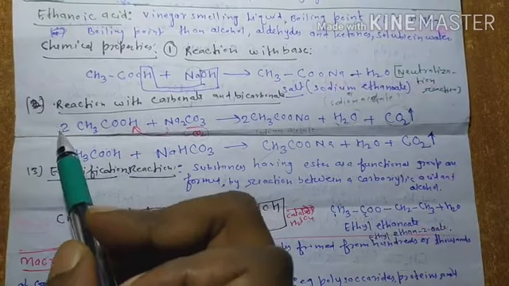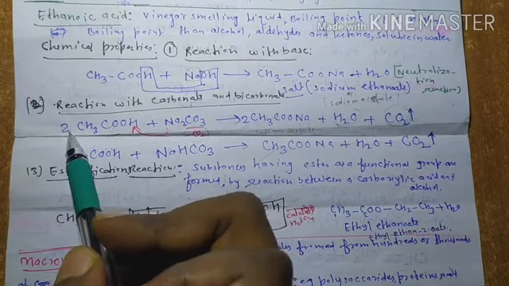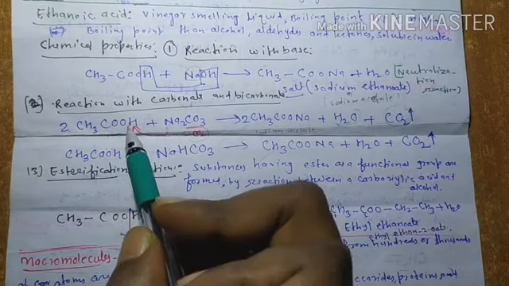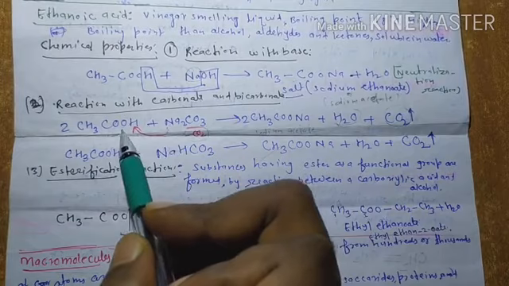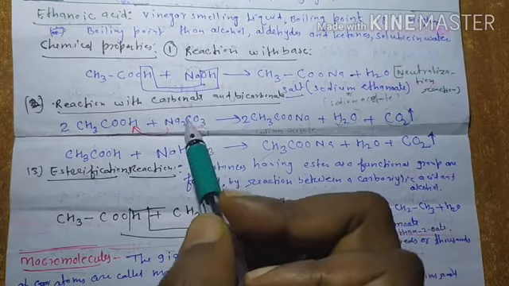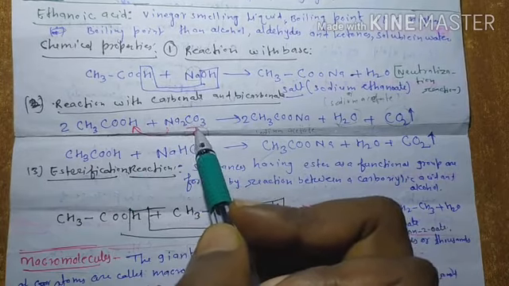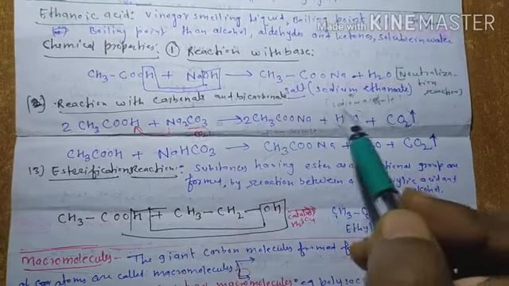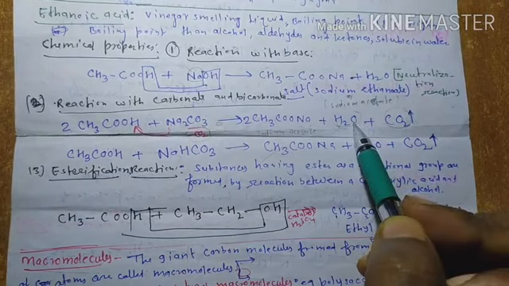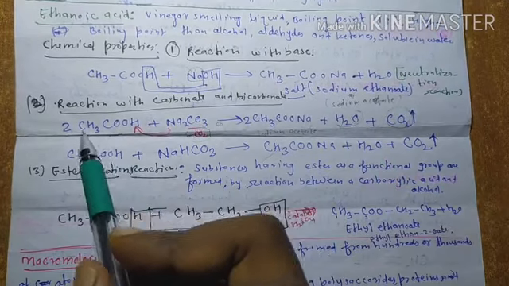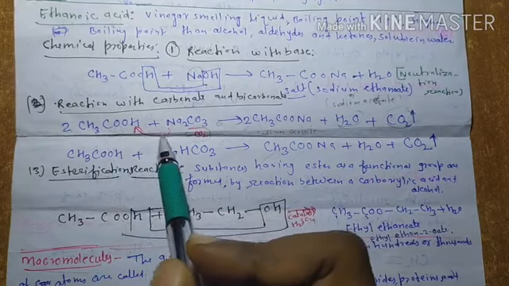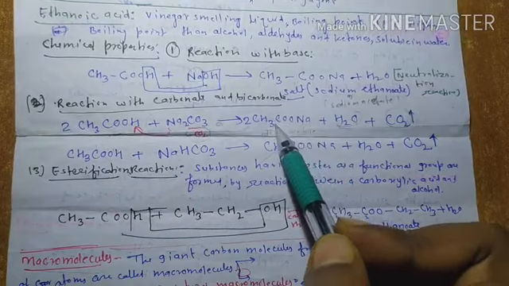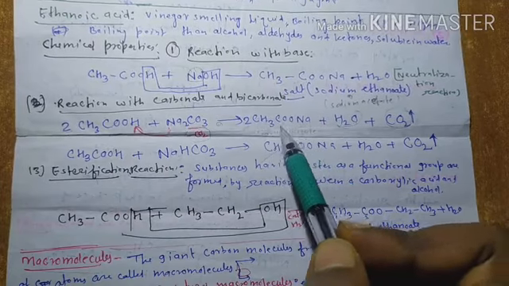So 2 molecules of acetic acid, and one oxygen is for the formation of water. Always remember, when ethanoic acid reacts with sodium carbonate, it forms sodium acetate plus water plus CO2.